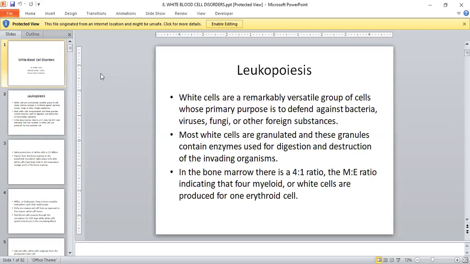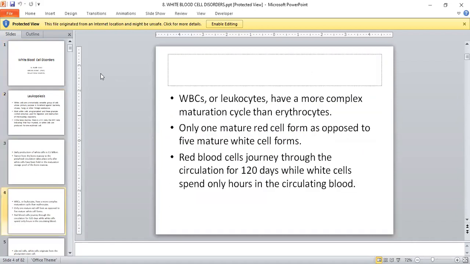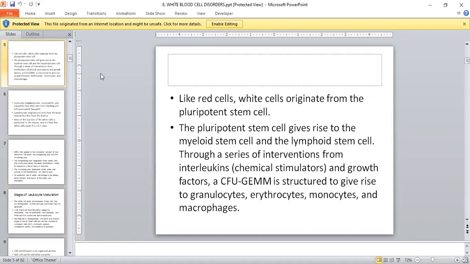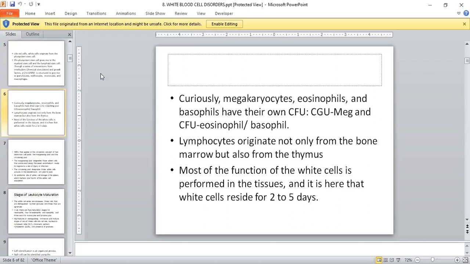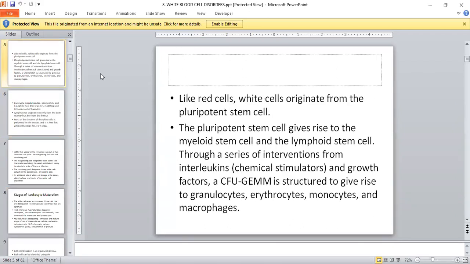So, white blood cell disorders. She started with leukopoiesis, which is just the formation of the leukocytes. We know that there are different types: basophils, neutrophils, eosinophils, monocytes, macrophages. The basophils, neutrophils and eosinophils are generally known as the granulocytes because they're granulated.